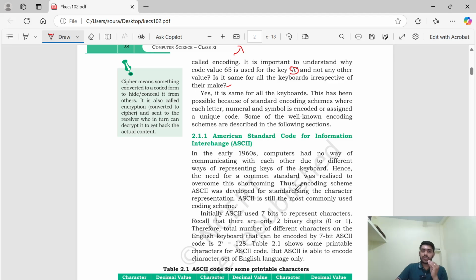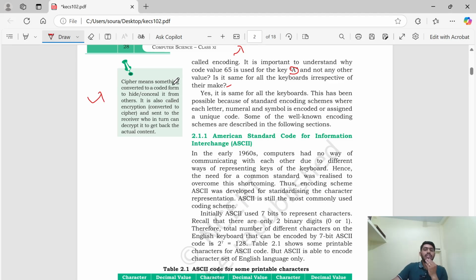So they have mentioned that each character on the keyboard has a special code that needs to be understood by the computer. They have given the definition of cipher here. If anyone has any doubt about cipher, you can see it here.